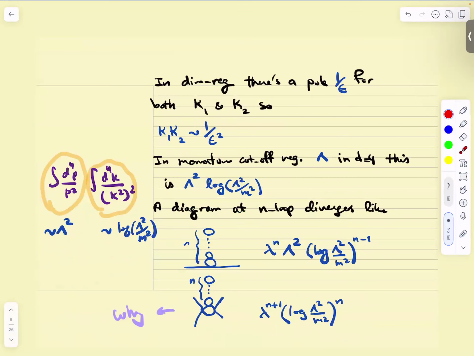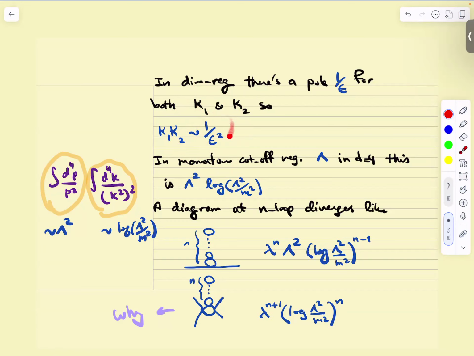A little comment. In dim-reg, we saw that there is a pole for K1. We calculated that explicitly; the pole was 1 over epsilon. It's a similar thing for K2. The K2 also, if you go through it, dim-reg will give you a 1 over epsilon pole, and then together you're going to end up with 1 over epsilon squared.